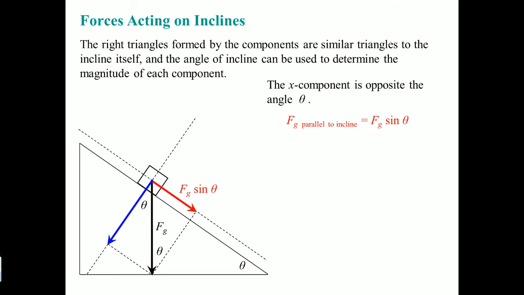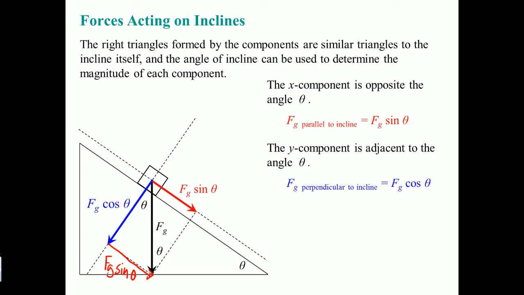You could also draw it right here. If theta is here, this would be Fg sine theta. Sine is our opposite. Then the one that goes down is the cosine part because it is adjacent. So it's Fg cosine theta as well.